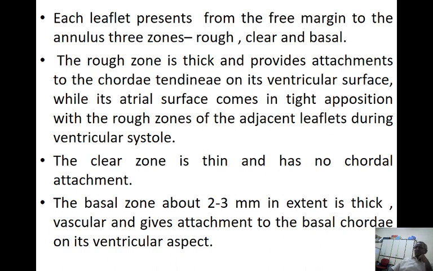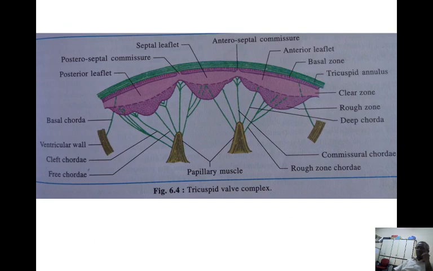Each leaflet presents a rough, clear, and basal zone, as we have shown. The basal zone, about 2 to 3 mm in extent, is thick, vascular, and gives attachment to the basal chordae on its ventricular aspect. These are the basal chordae. They are shown in dotted line, that means they are in the ventricular aspect.